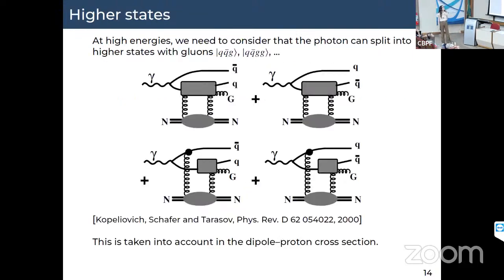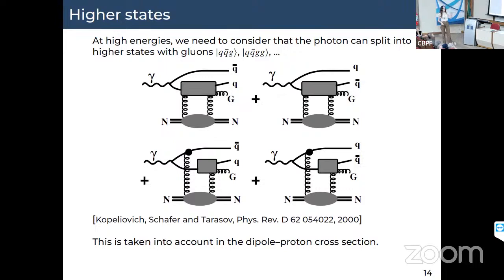But when we consider higher states with gluon emission, like QQbar G or QQbar 2G, we have to consider that these states survive less time than the QQbar one. So maybe these states don't survive long enough to pass through the nucleus. Their coherence length can be smaller than the nucleus radius. This is accounted for already in the dipole-proton cross section, but there the lifetime is bigger than the proton.